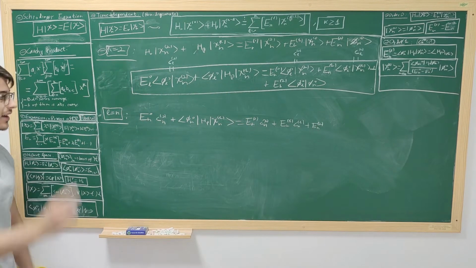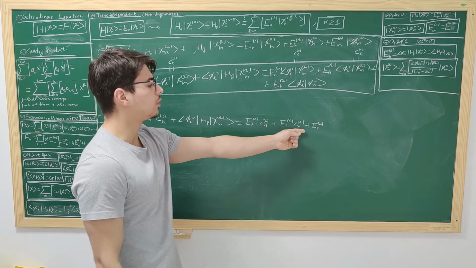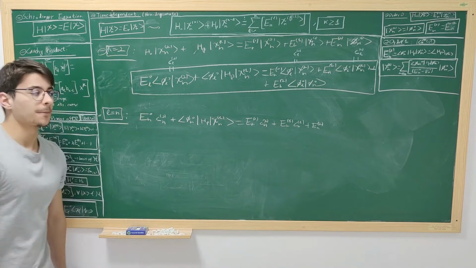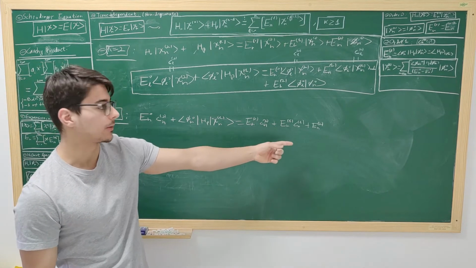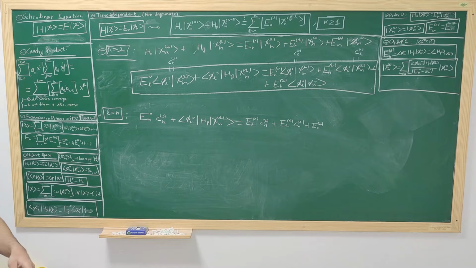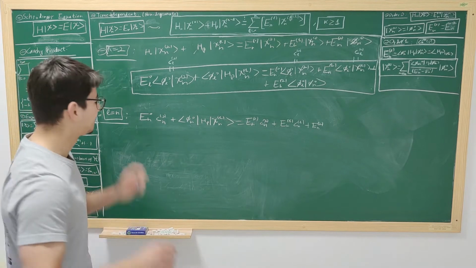And this is it. Notice that in general we do need to know Cn1, but we don't know it yet. So for now, we're going to leave it in terms of Cn1. But we'll see later on that, surprise, it is 0.